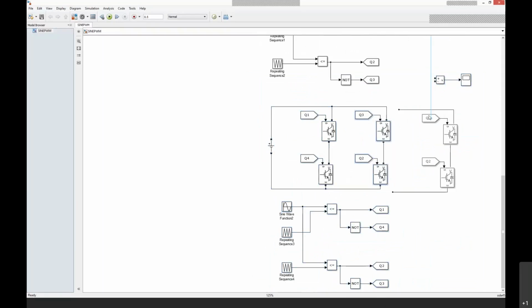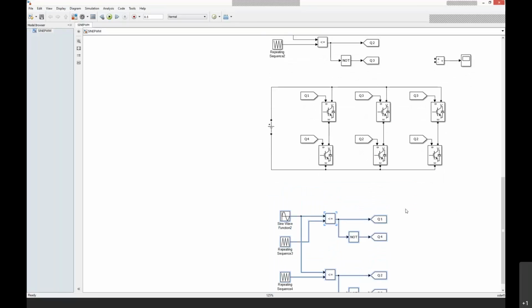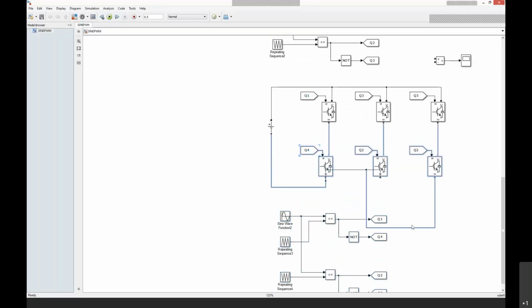So I'm duplicating this one, and slightly increasing the size.